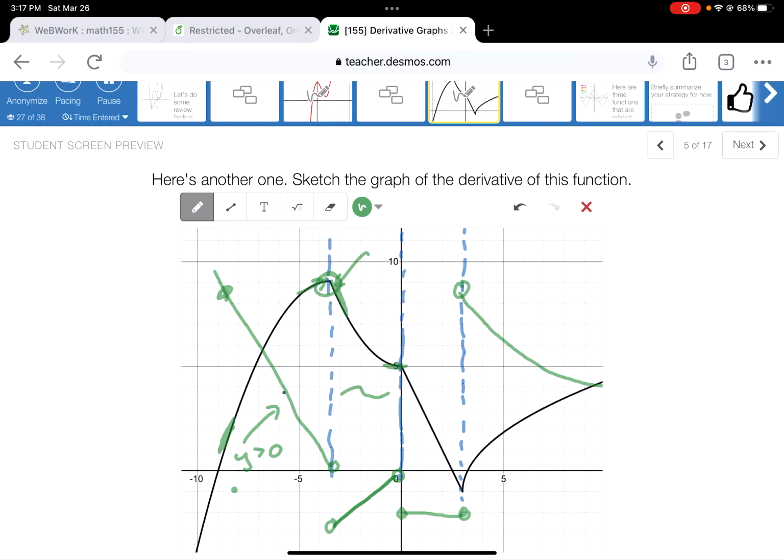Okay, let me rephrase, because when I say we begin with a negative slope, that means we begin with a negative y value, because the y value is the slope of the black function. Okay, and that slope goes to 0. And then in this section, we have a constant negative slope, so we would look for a constant negative slope. And finally, we have a big positive slope and a less positive and a less positive, so we just kind of do something like that. Okay.